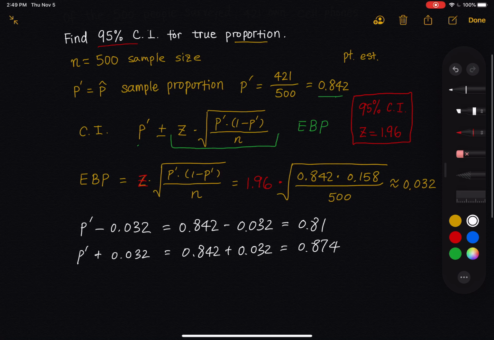So the 95% confidence interval is 0.81 to 0.874. Following the textbook explanation, we estimate with 95% confidence that between 81% and 87.4% of all adult residents of this city have cell phones.